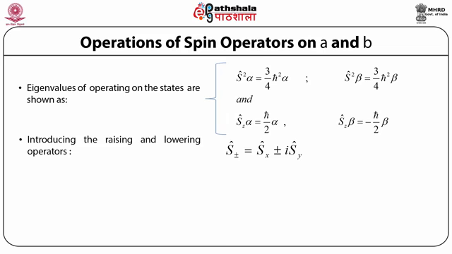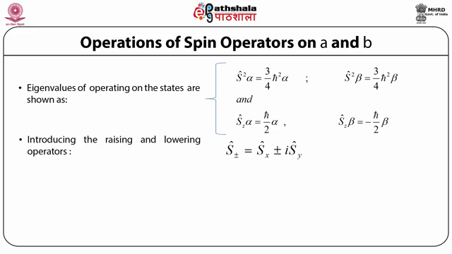So the raising operator for the spin operator, that is operator S plus, is defined as operator Sx plus iota times Sy, where Sx is the x component of the spin operator and Sy is the y component of the spin operator.